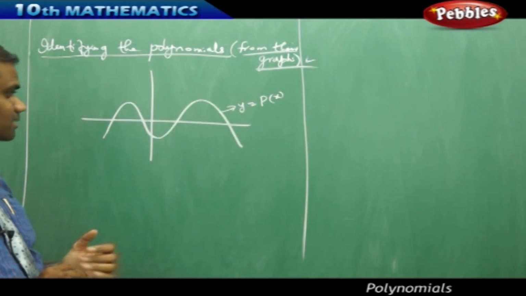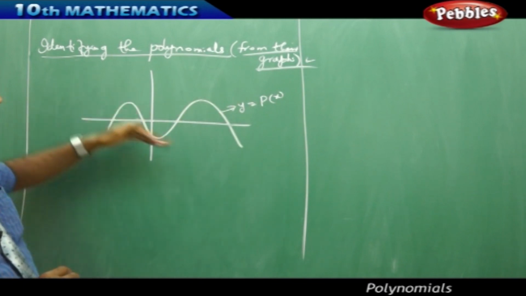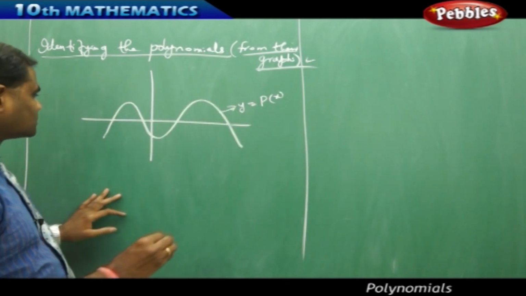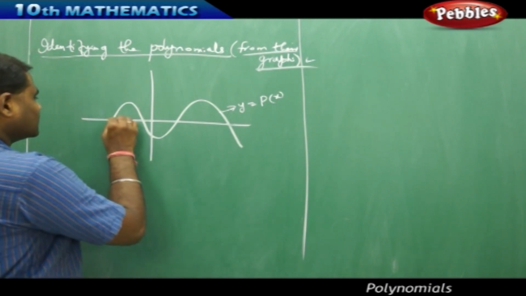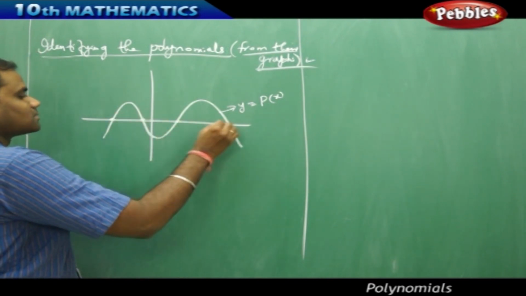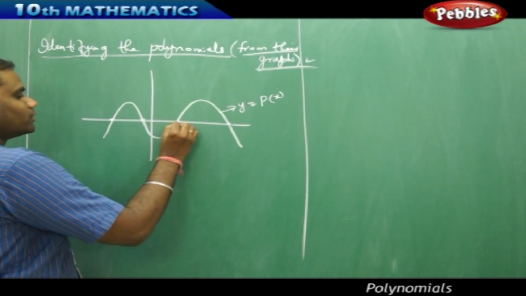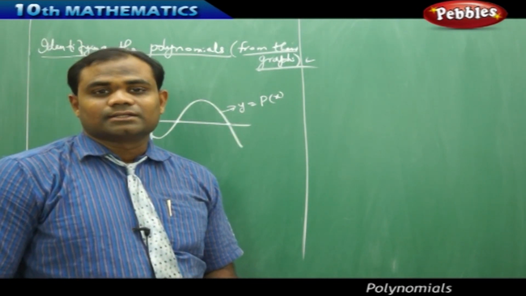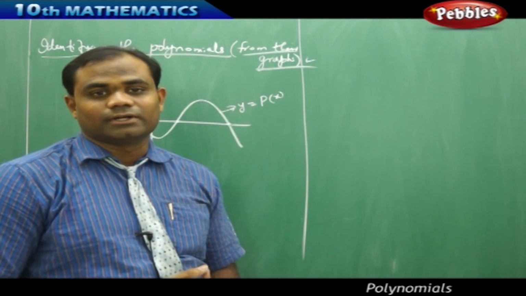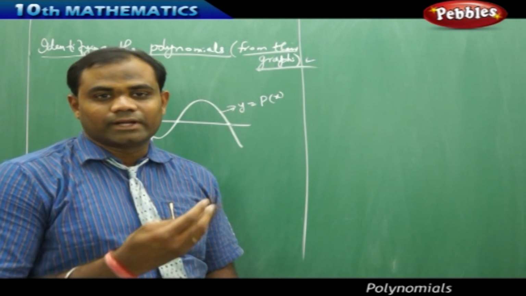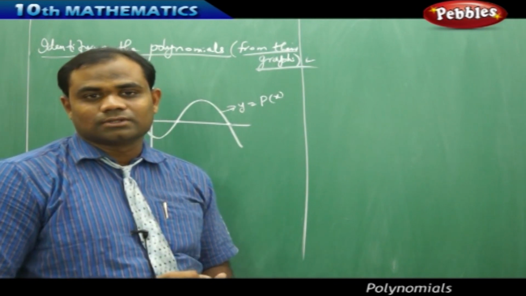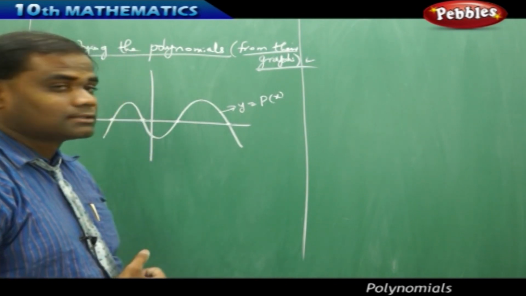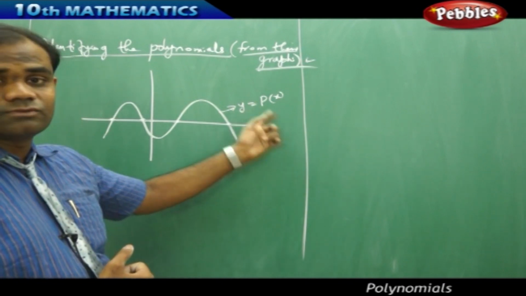Now, as I clearly see, this polynomial has its shape coming as an inverted W, then I see that the graph cuts the x-axis 4 times. 1, 2, 3, and 4. Therefore, it makes me understand that there are 4 x-intercepts for the graph. 4 x-intercepts or 4 zeros makes me understand that the degree of the polynomial is 4.